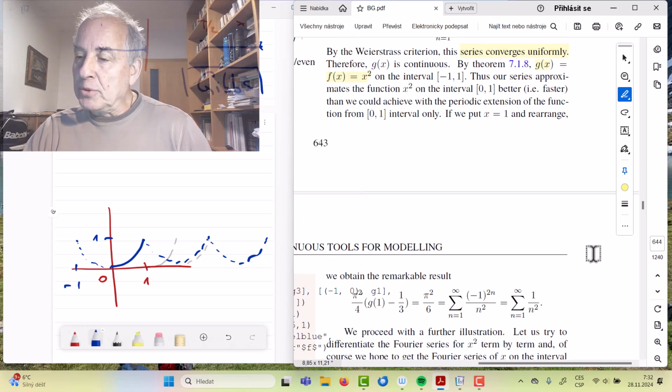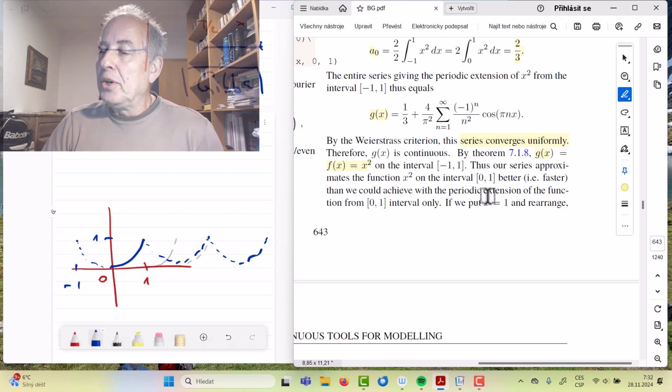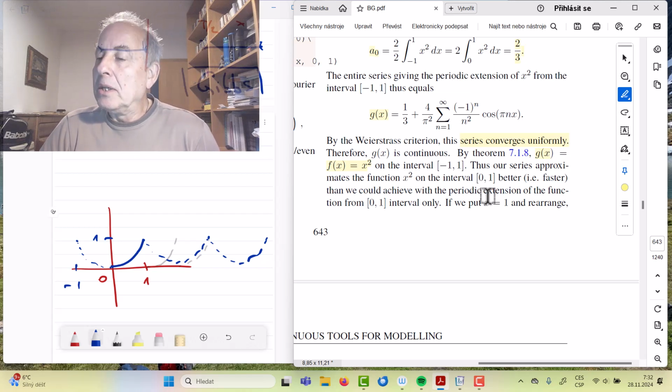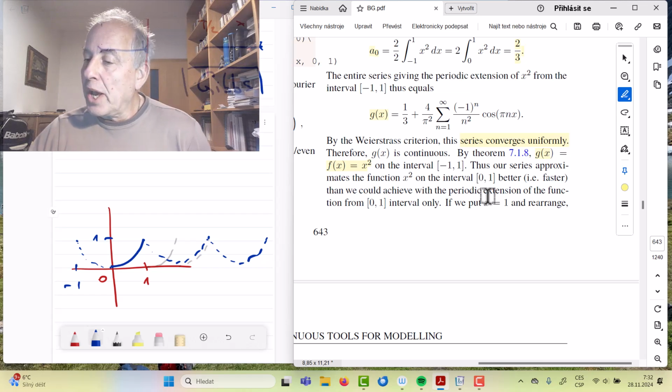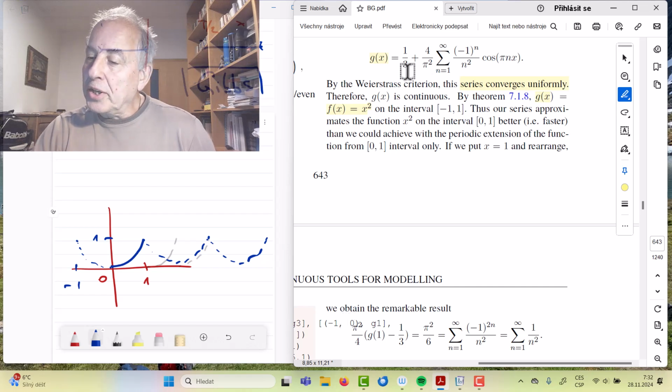Well, just a comment, look what happens if you put x equals 1 there, right? Then you have cosine pi n, and cosine pi n is known what it is. It's either +1 or -1, and you can just throw the things to the other side.